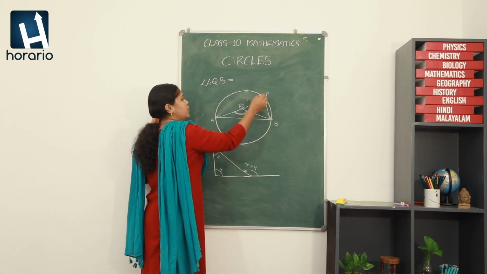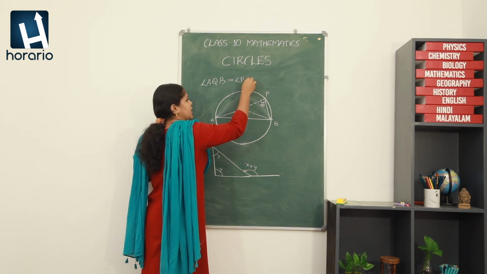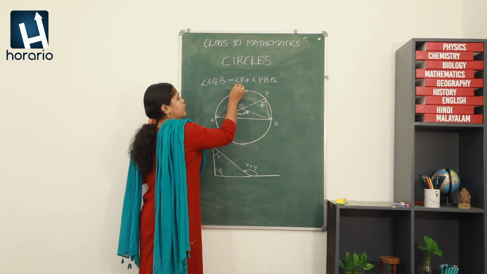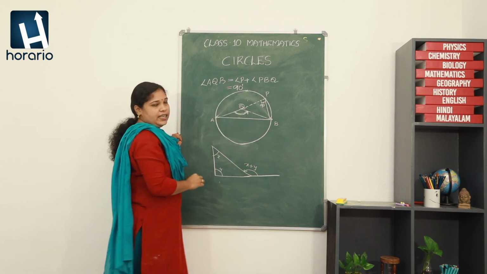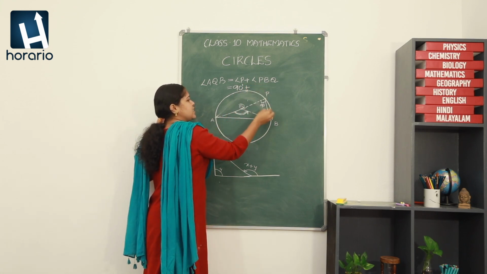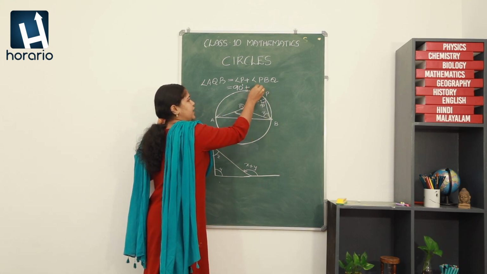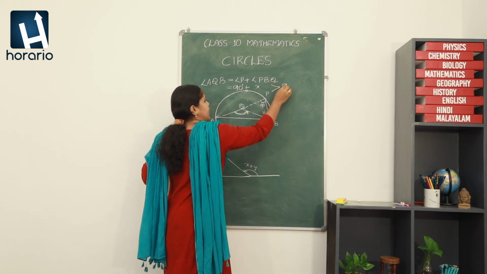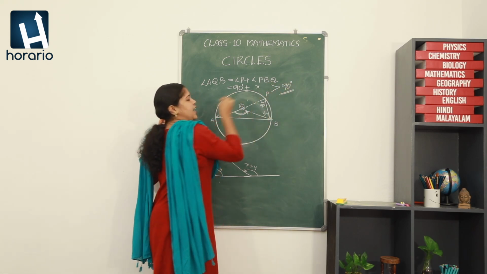So it is equal to angle P plus angle PBQ. Angle P we already know is 90 degree, plus some value we don't know, let it be X. So anyway, what we are getting is that angle AQB will be more than 90 degree.